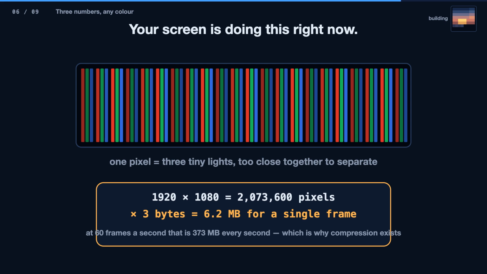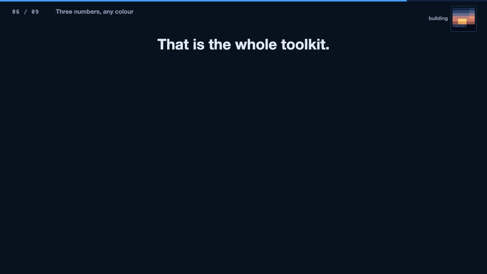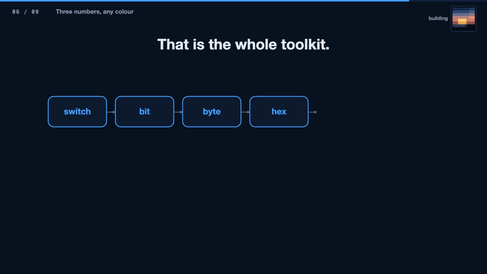A single 1920 by 1080 frame is over 2 million pixels, 6.2 megabytes raw. At 60 frames a second, that is 373 megabytes every second, which is exactly why compression had to be invented. But that is another video.